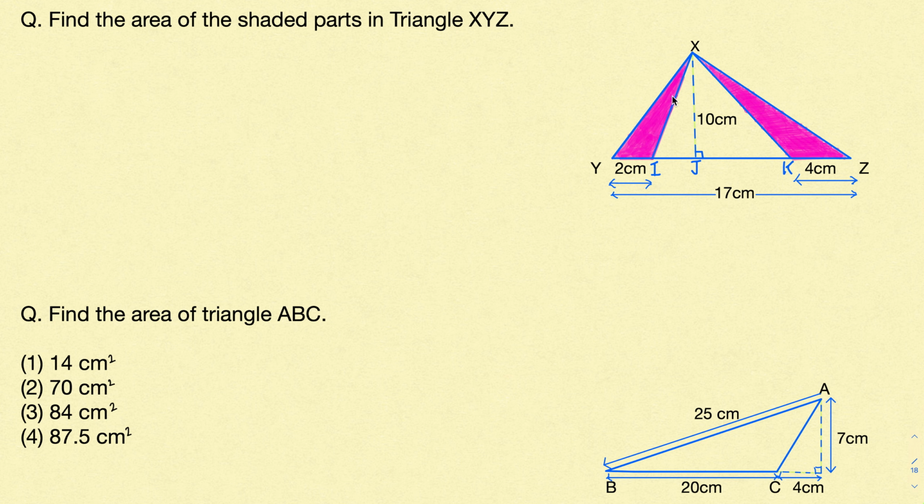Now let's start with finding the area of this one. So for this triangle XYI, this is the base, YI is the base, right? So if we take this one as the base, what should be the height of the triangle? As we know, the height of a triangle is always a perpendicular dropped from the third vertex.